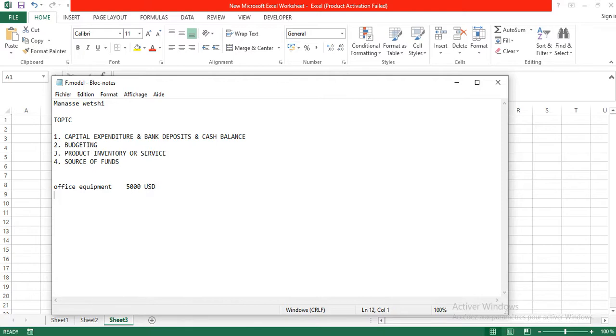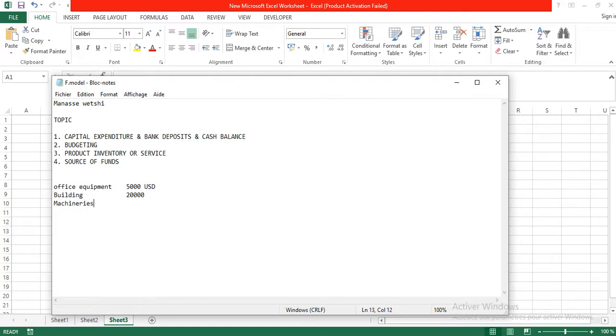I got distracted by the phone call. Apart from office equipment, assume I am buying a building. This is just an example, right? I'm buying a building worth 20,000. Then I'm buying machinery. What is machinery?